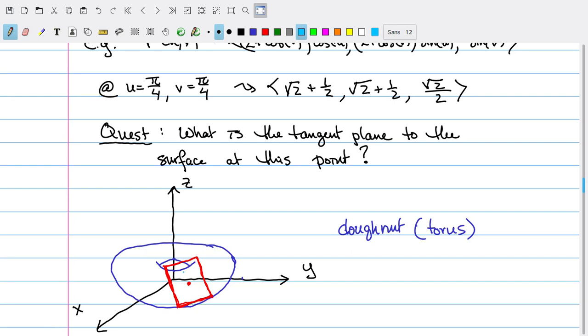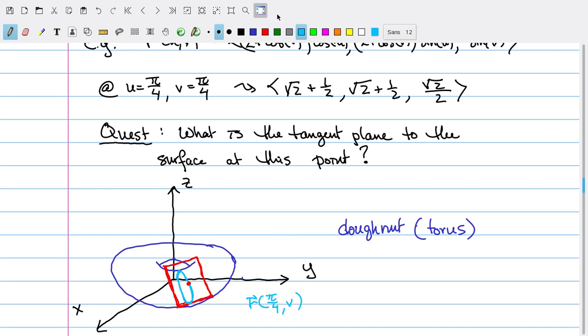And that's going to move, in this particular case, in a curve that goes around like this. That's the curve that's parameterized by r of pi over 4, v. So I only have one free parameter there, so it's not drawing a surface that time. The light blue is drawing a curve.